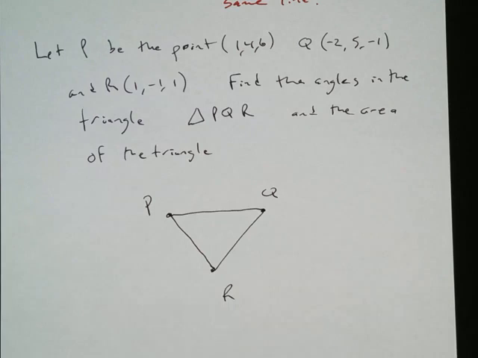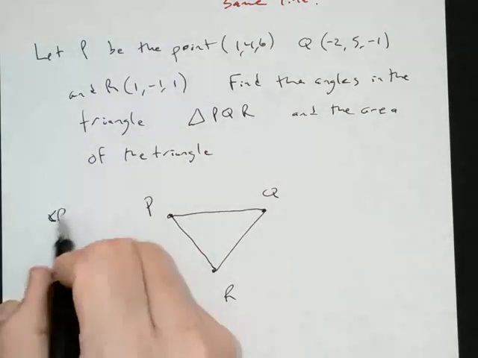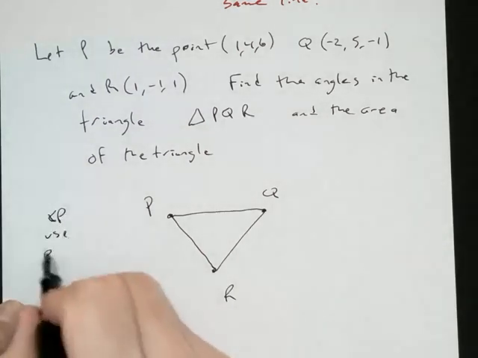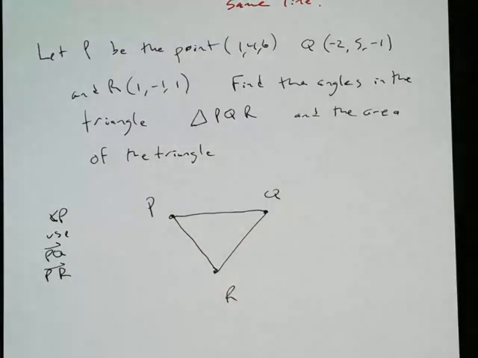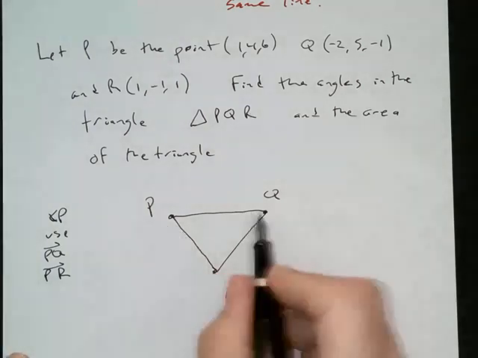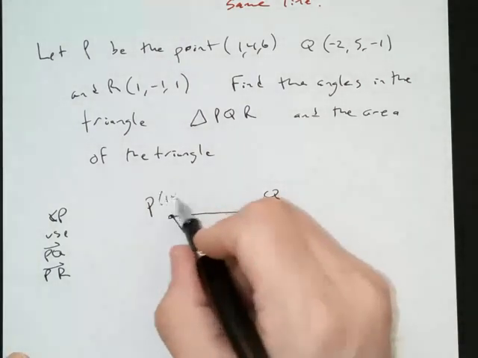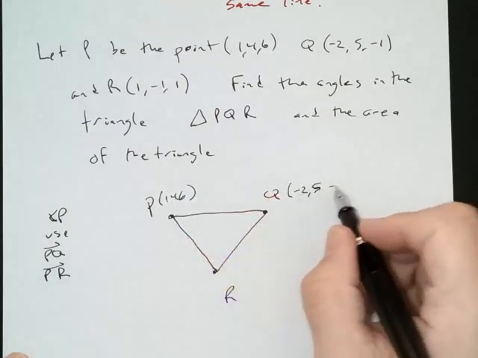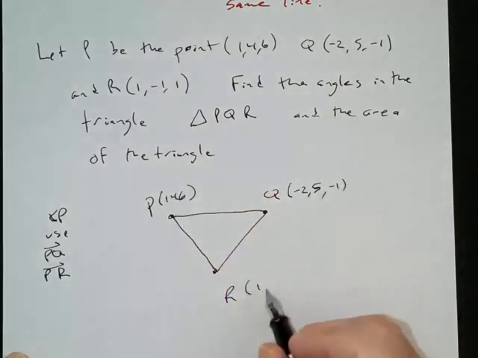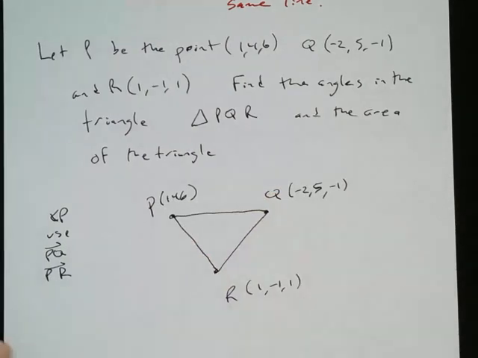Exactly. To find the angle at P, I use PQ and PR. Which means I have to turn these points into vectors. It's head minus tail. PQ goes this way. Let me write the numbers with each one. So I have them right down here.